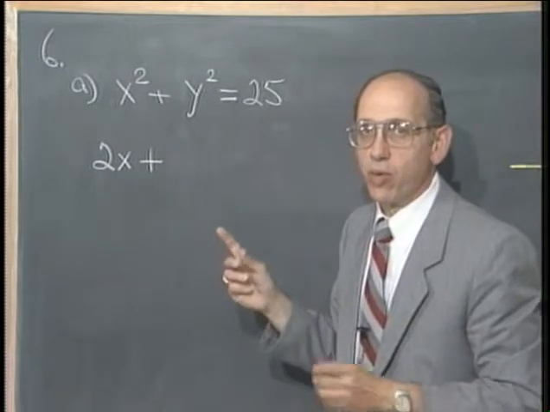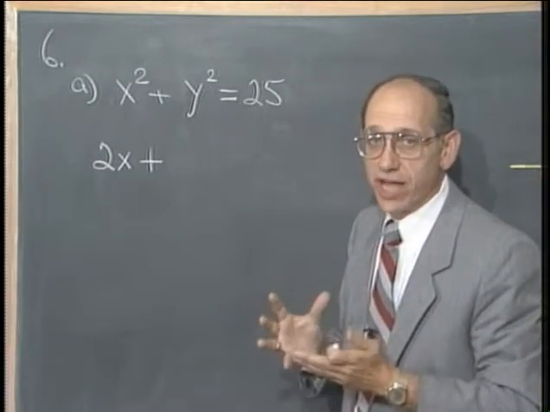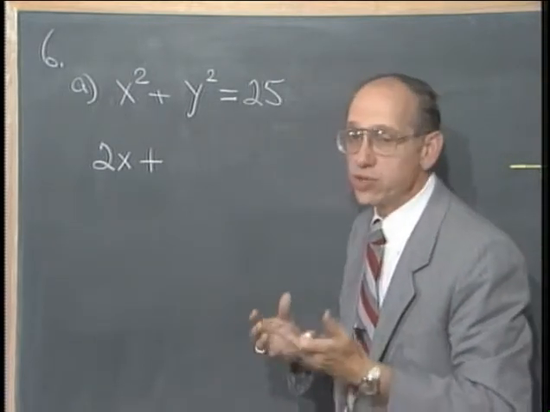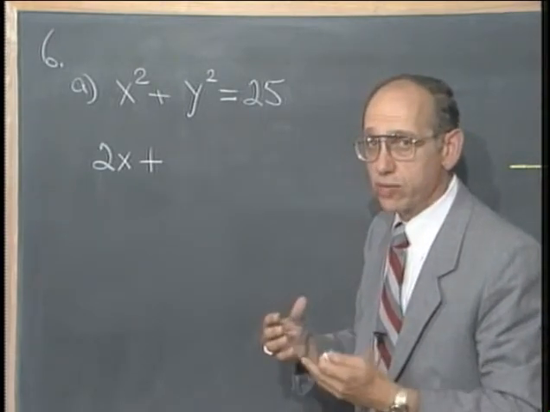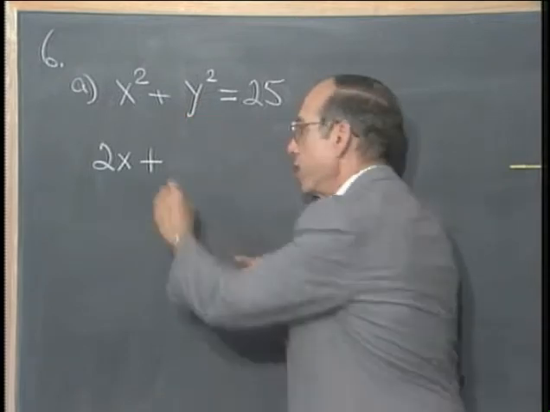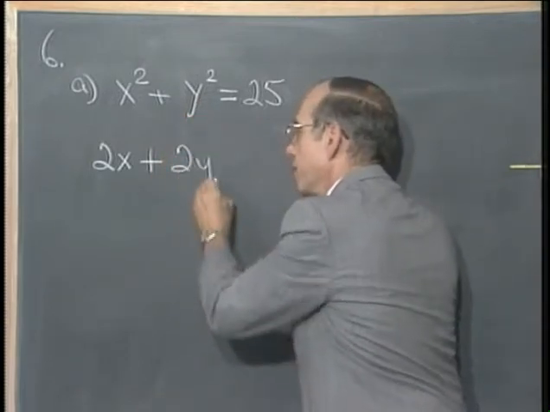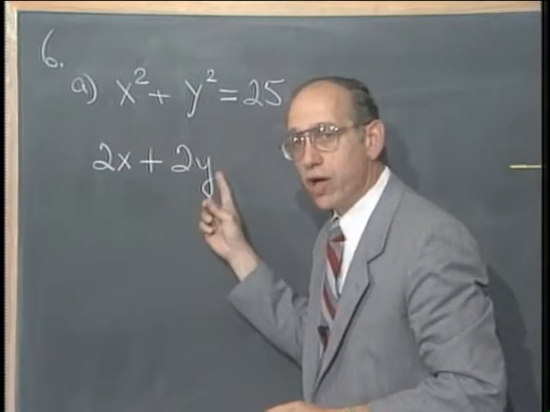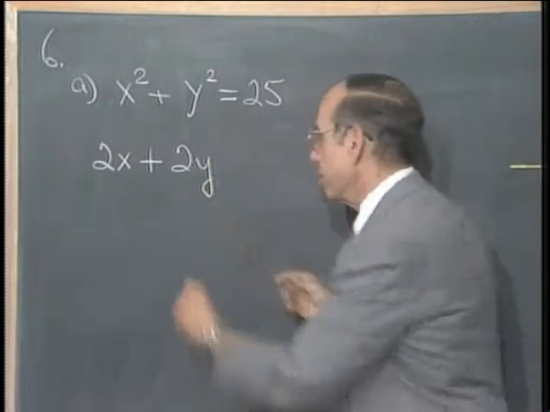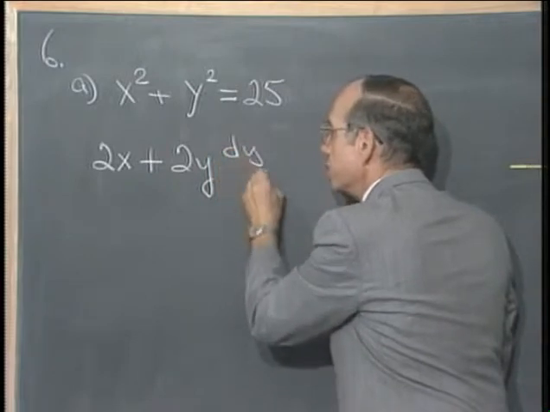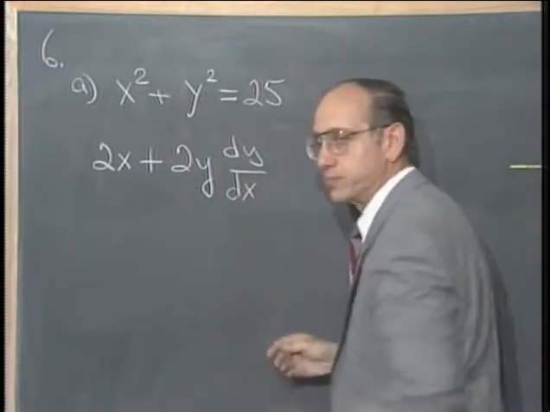But remember, y is some function of x. So the derivative of y squared has to be obtained by using the extended power rule or chain rule. So the derivative of y squared is 2y times the derivative of y with respect to x. So it's 2y times dy/dx.